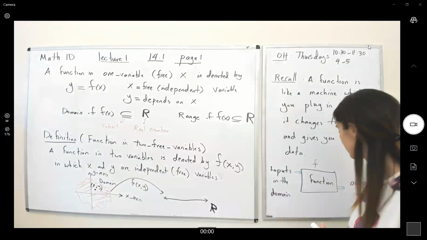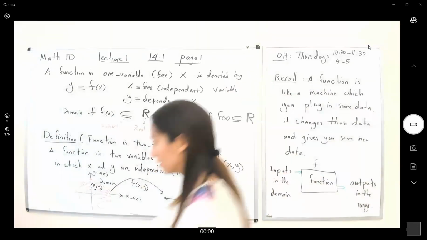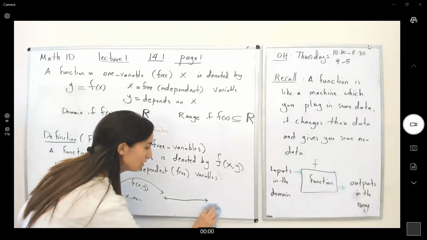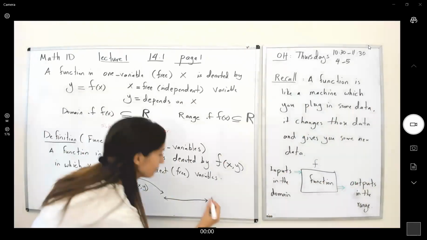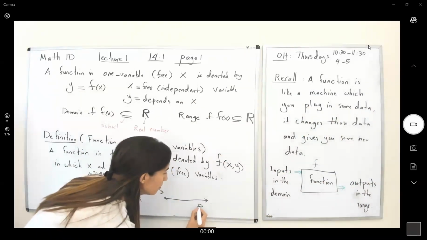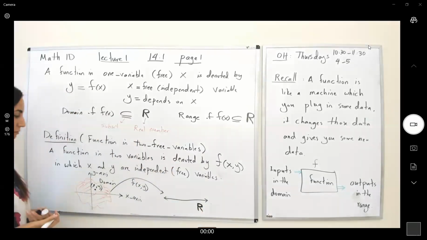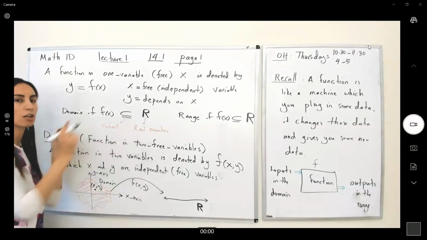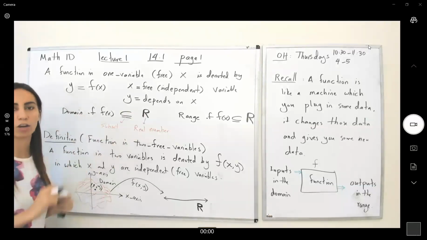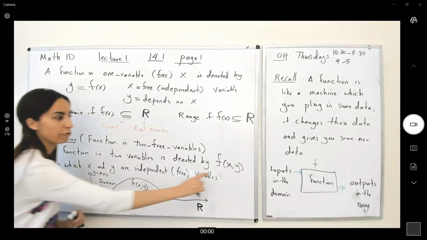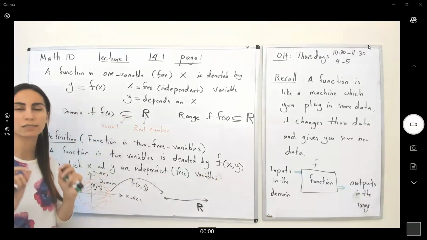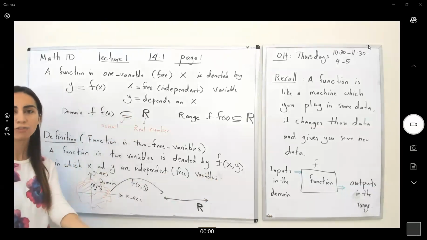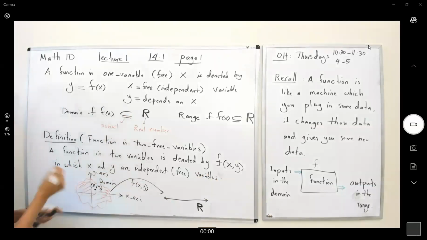So how do we write it down? I don't like this R. Better R. So the domain of f of x was a subset of R, just the real line. The domain of a function in two variables is a subset of plane. How do we write it in mathematical format?